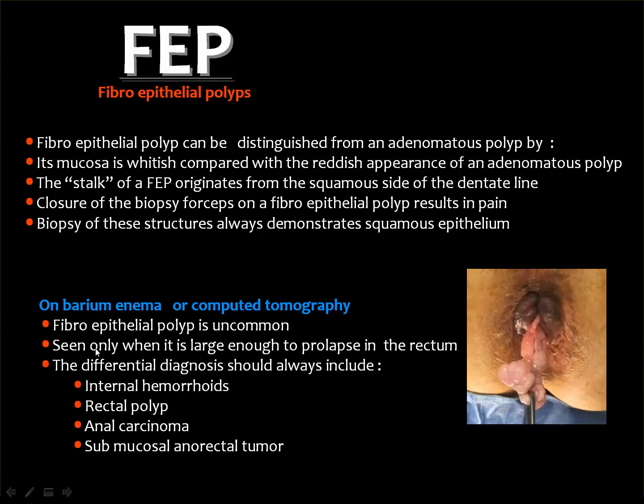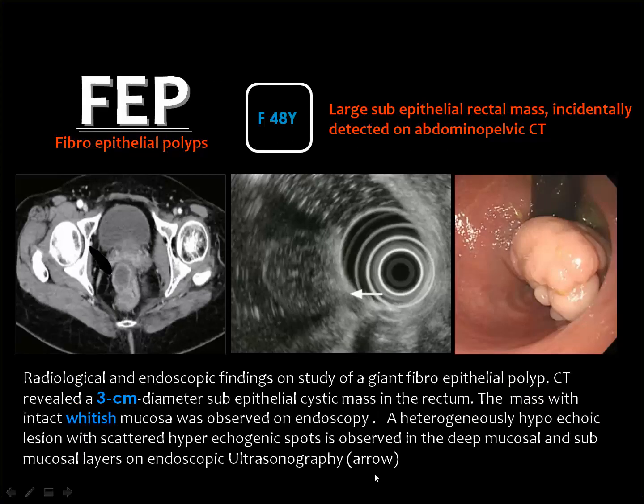If it is large enough, the polyp can prolapse through the rectum, and the differential diagnosis may include internal hemorrhoids, rectal polyp, anal carcinoma, or submucosal anal tumor.